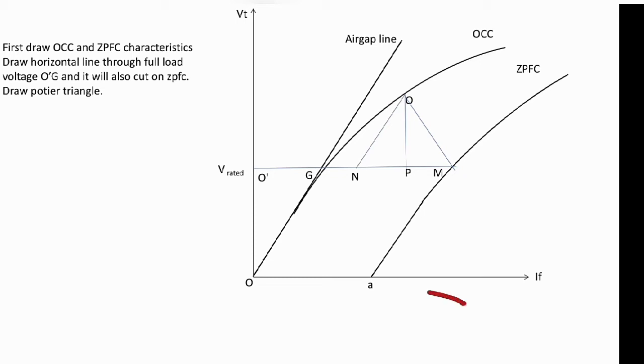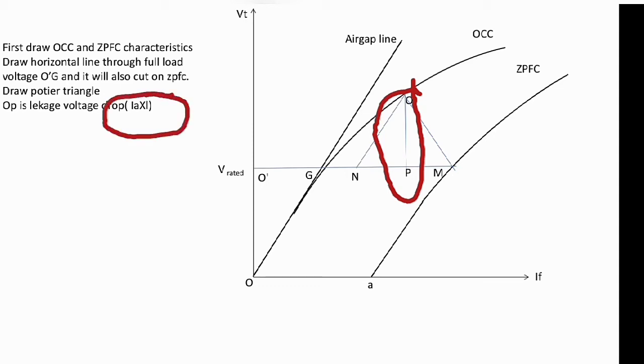Next, what happens when we get the Potier triangle? First we explain OP. OP is the leakage reactance drop, and from this we get the value of IAXL.